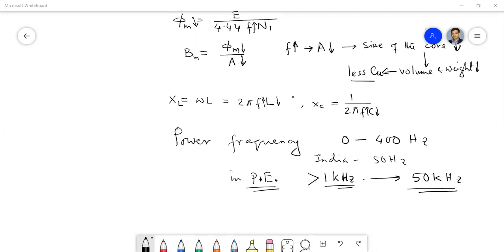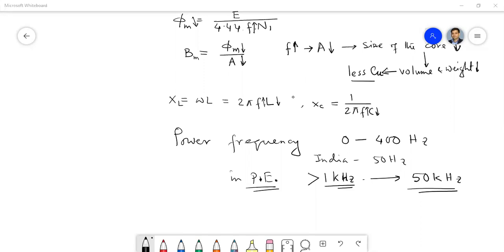Some additional things are taken into consideration when designing the transformer, because even at 400 hertz the core losses will be much higher. Is that clear? That means your size will be less, but your losses will be higher and the efficiency will be poor. And in a transformer, that is a vital thing. That is a very important one, because what does a transformer do?